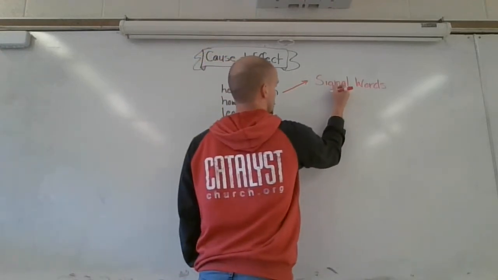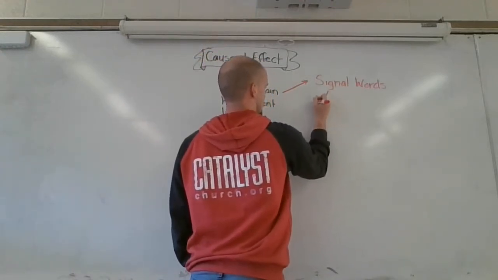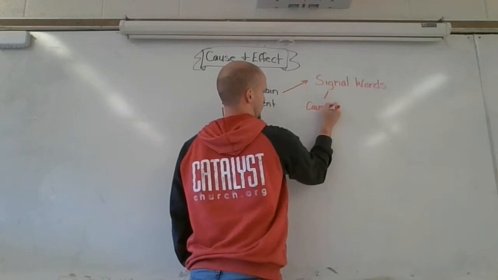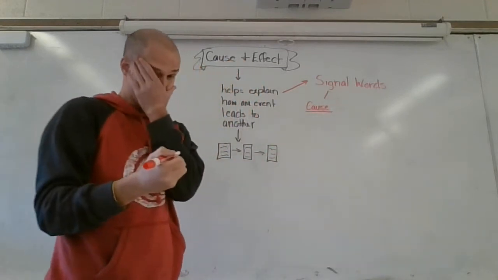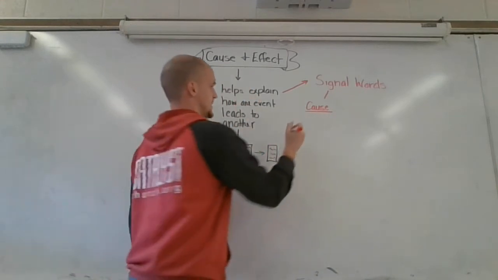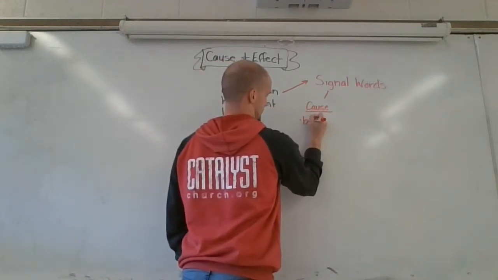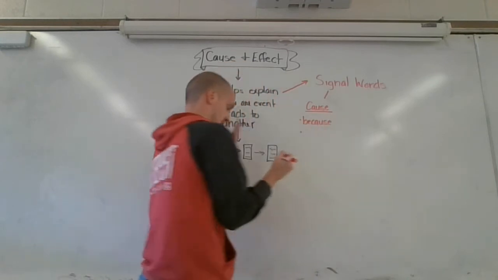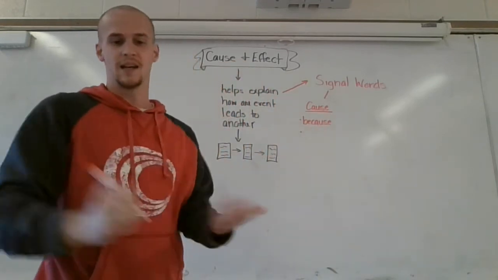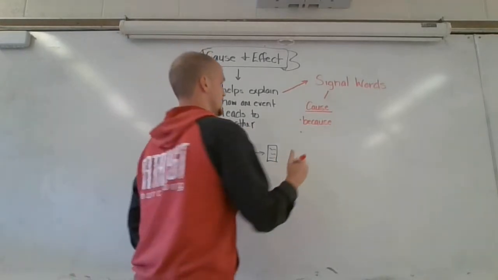And so signal words that go with cause. These are things that will help you identify the cause within the cause and effects text structure. So you see words like because. You know, this happened because, and then the because is the cause. Or led to.